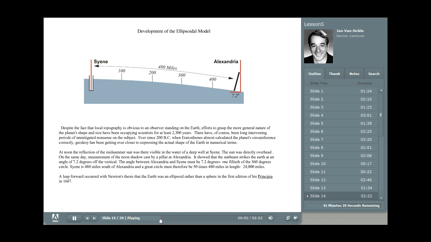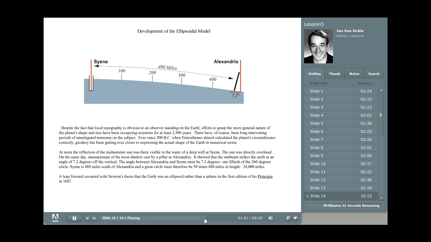At noon, the midsummer sun was visible in the water at the bottom of a deep well in Siena. The sun was obviously directly overhead, and on the same day, the measurement of the noon shadow cast at the pillar at Alexandria showed that the sun struck the earth at an angle of 7.2 degrees from vertical. So therefore, the angle between Alexandria and Siena had to be 7.2 degrees, or 1/50th of 360 degrees, a circle.